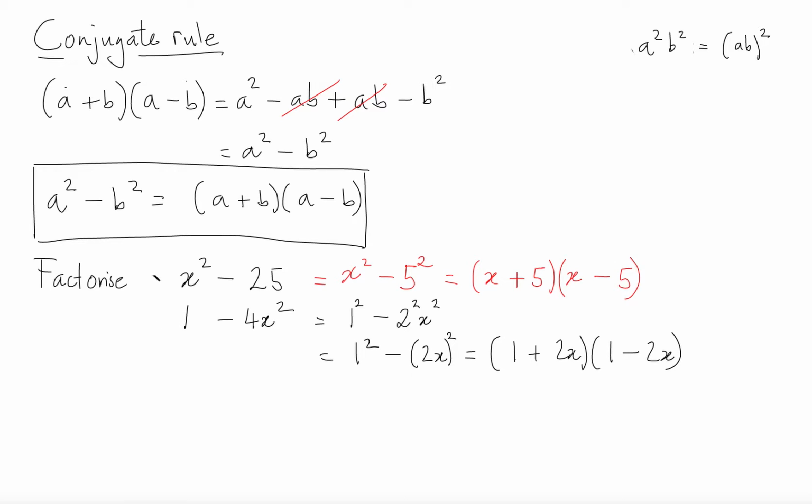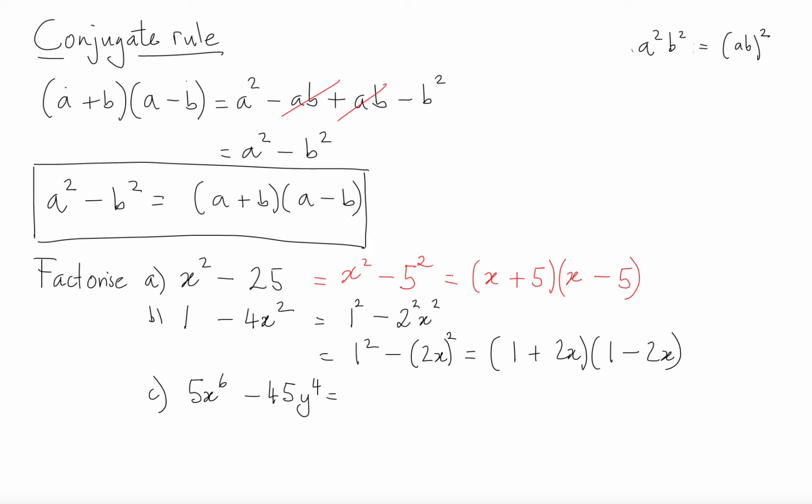Now in the last example, we have to do some factorization first before we can use the conjugate rule. We have 5x to the power 6 minus 45y to the power 4. This is a tricky one.